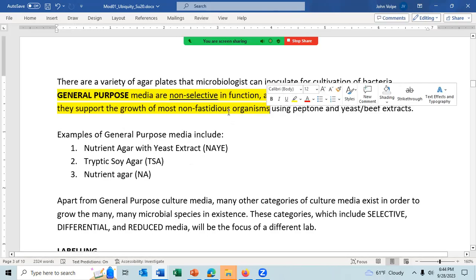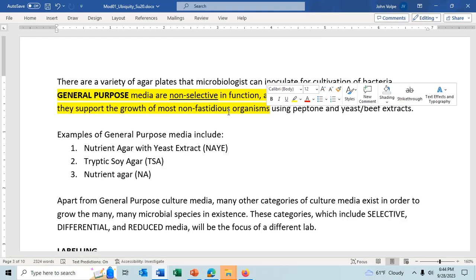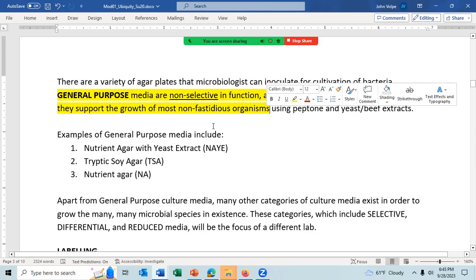A fastidious organism is one that is difficult to grow, and you have to add additives to get the growth to occur, like Streptococcus pyogenes, the bacteria that causes strep throat. It would not grow on a general purpose media because it is a fastidious organism.